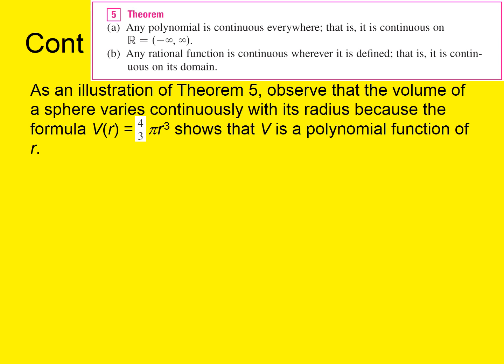As an illustration of Theorem 5, observe that the volume of a sphere varies continuously with its radius because the formula V of r equals 4/3 pi r cubed shows that V is a polynomial function of r. So, in other words, the volume, which is a function of radius, is a continuous function because it's a polynomial function.